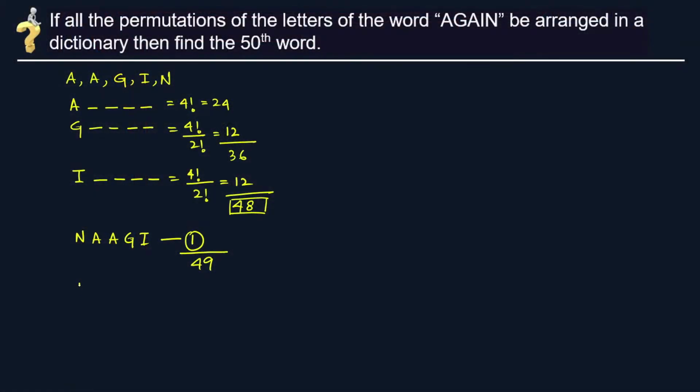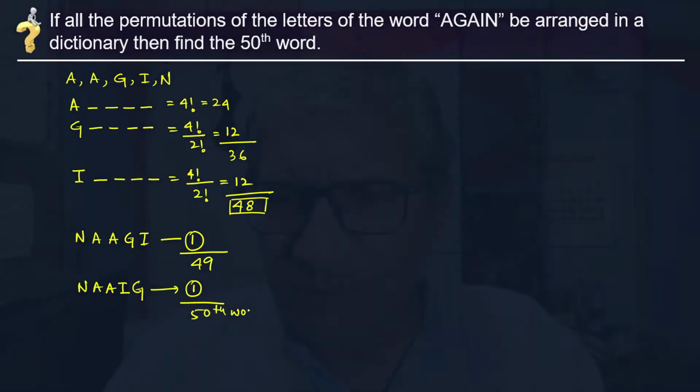So now alphabetically N, A is there. So after A, alphabetically I will come. And then G will come. Is it clear? And this will be number 1, that gives us the 50th word. Is it clear?